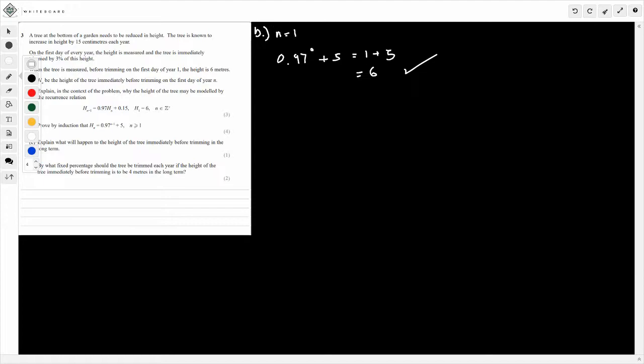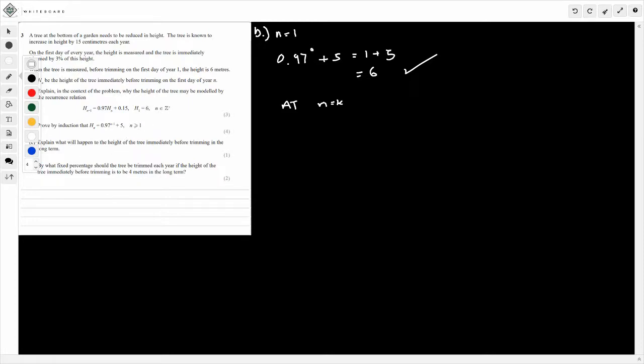Where do we go next with the inductive step? Well, we assume it's true for n equals k. So assume true for n equals k. Well, how do I do this? Well, if n is equal to k, let's take it back to this here.